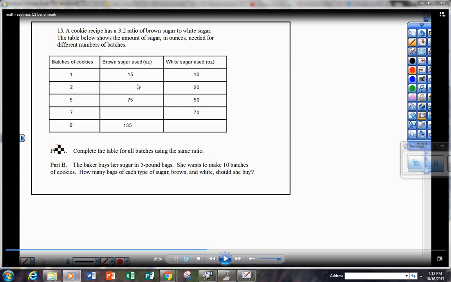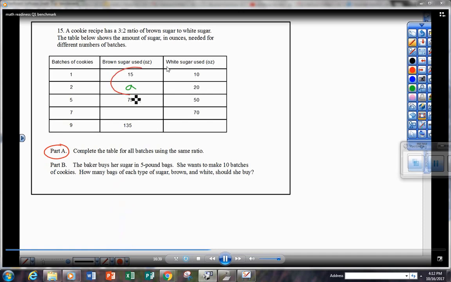So for that first one, part A, fill out the table. So to find this unknown variable right here, I'm going to use this square right here to use those numbers to set up the fraction ratios to make my life easy. So when I use this and plug in A, I'm going to use the unknown variable A here.